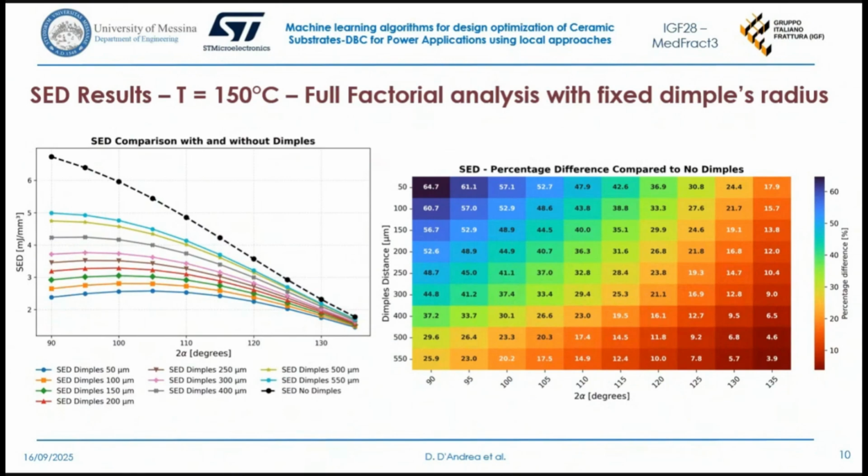And it can be observed how for angles approaching 90 degrees, the dimple insertion is way more important than what happens for angles approaching 135 degrees. And another interesting thing is that the same energy level can be reached in different configurations.